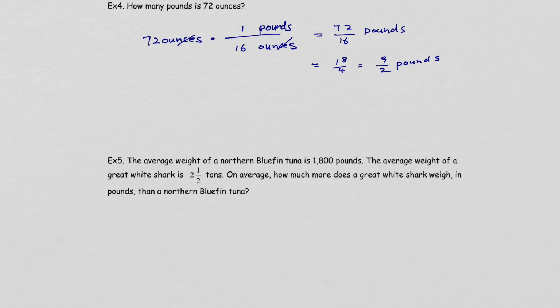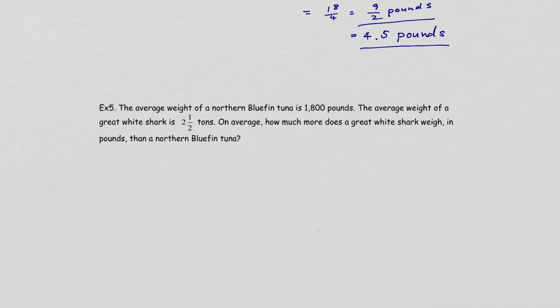If you wanted to write it in decimal form, 2 goes into 9 4 times, 1/2 remains, which is going to be 4.5, right? So you can answer with the fraction form or decimal form, either way. We just wanted to make sure you know how to convert units here, right?